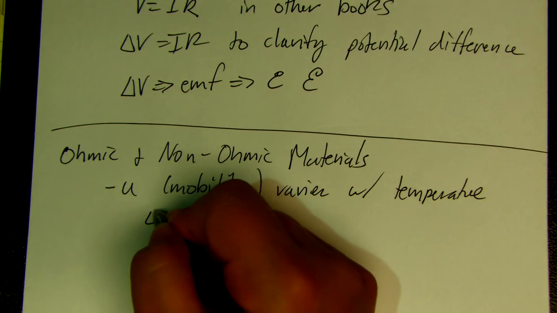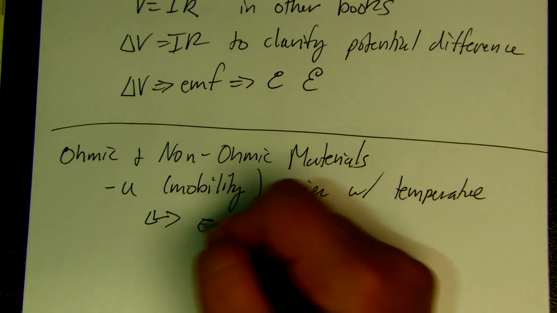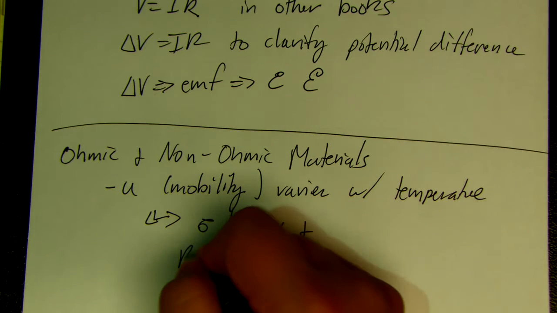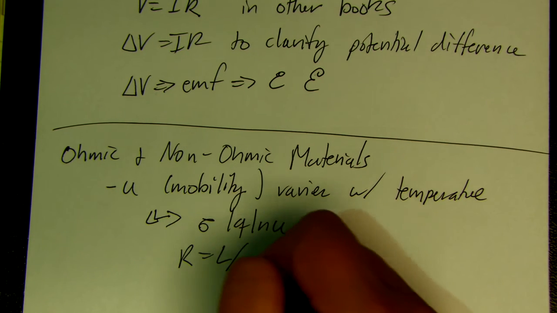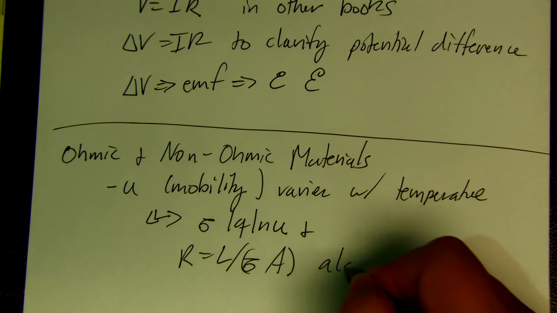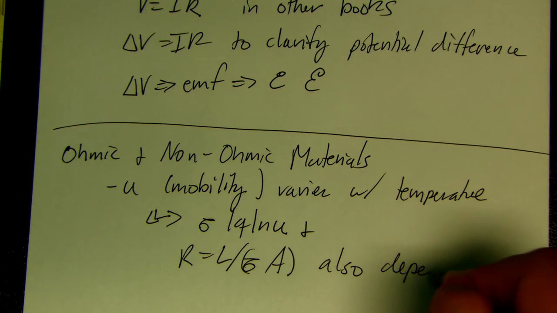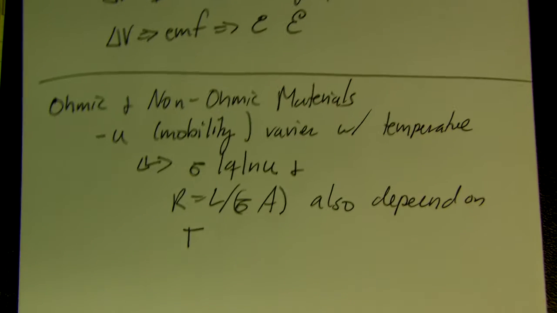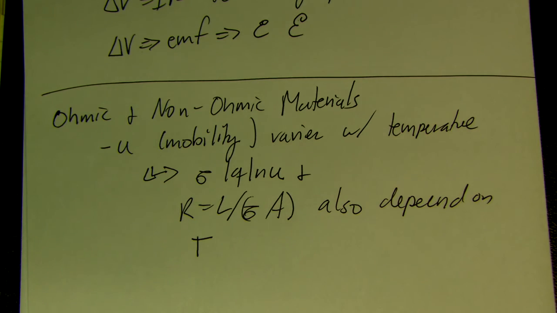So because of this, then conductivity, which is Q and U, and therefore resistance, which is L over conductivity times A, also depend on temperature. So whenever you're looking for these values, if you're looking at a precise table, you're going to see the temperatures that go along with it.